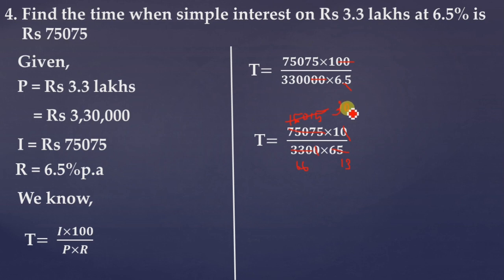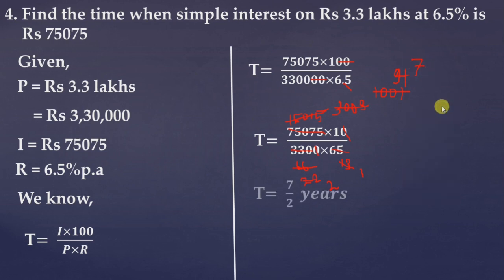This one cannot be divided by 5, so it's 0. 5 3s are 15. Now with 3 2s are 6, 3 1s are 3, 0 0, 3 1s are 3. Now with 11 2s are 22. With 11 9s are 99, 21. 13 1s are 13, 13 7s are 91.